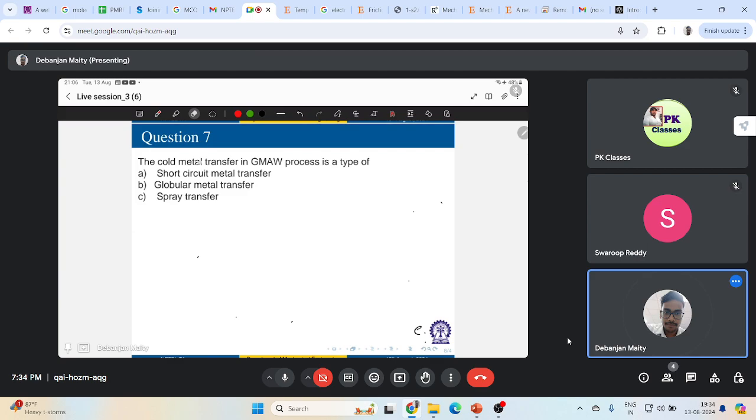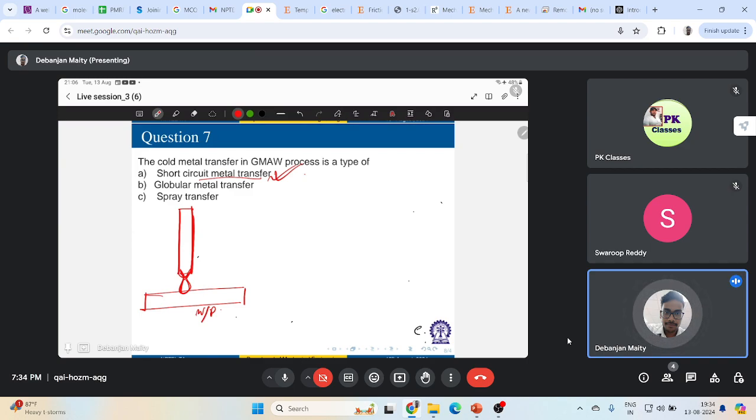So gas metal arc welding is a type of short circuit metal transfer actually. Now in short circuit metal transfer, let's say this is my electrode, and this is producing some metal droplet and it is touching the workpiece.